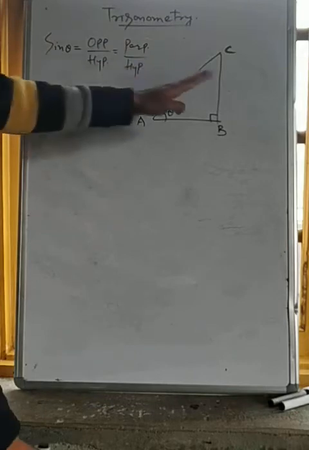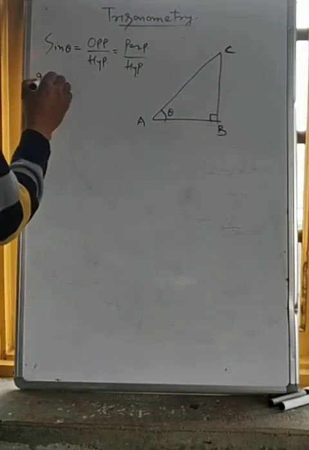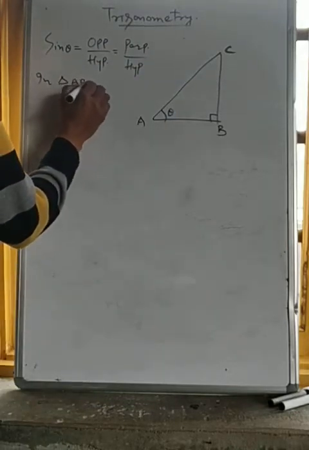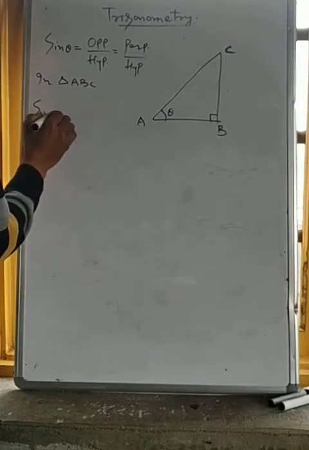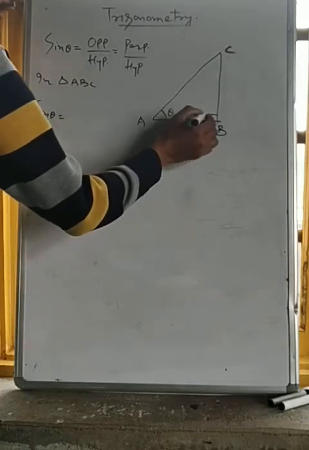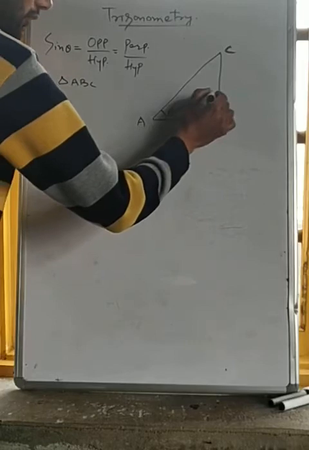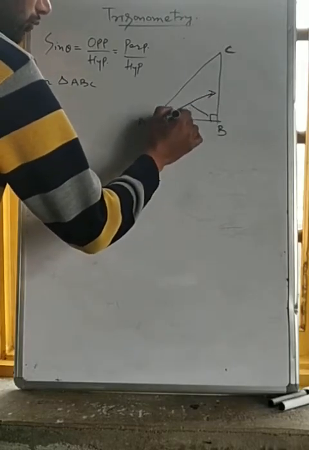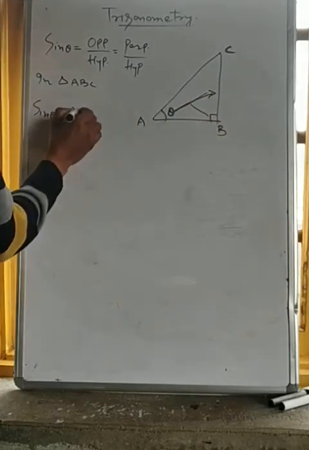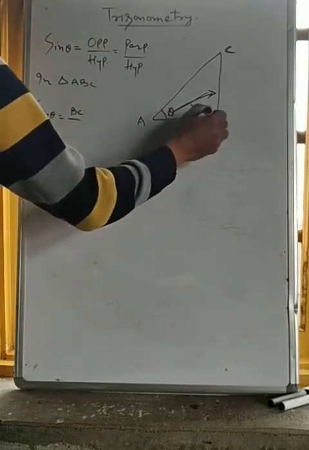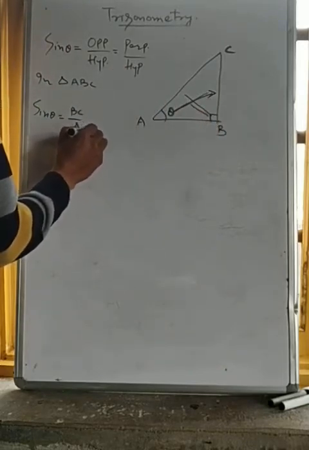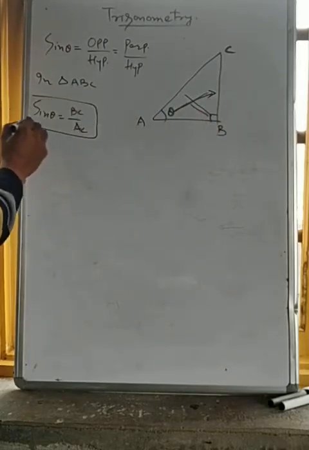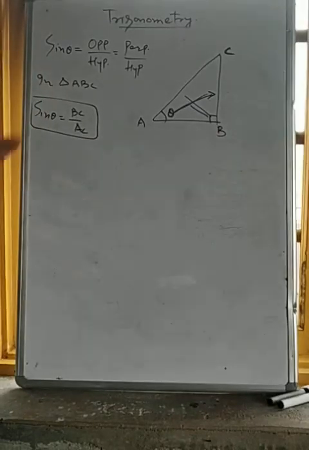Which means in this triangle ABC, sin theta is equal to perpendicular, which is BC, opposite of theta, and hypotenuse is AC, which is opposite of the right angle. In this triangle, sin theta is equal to BC divided by AC.